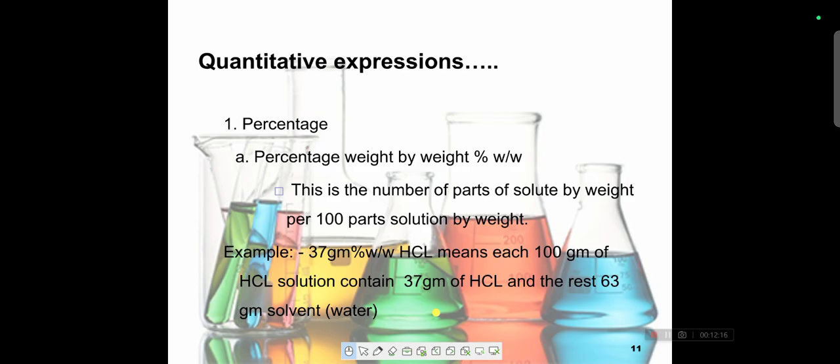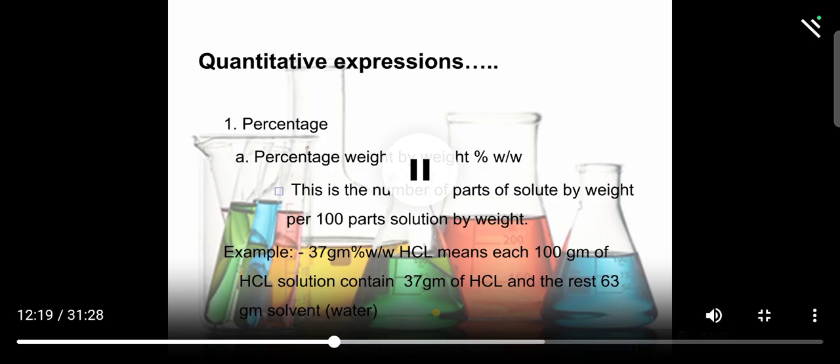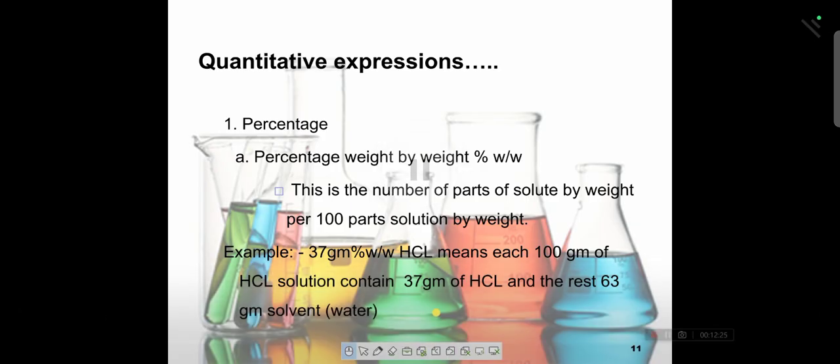First of all, talking about the percentage by weight by weight. This is the number of parts of solute by weight per 100 parts of solution by weight. For example, if you have to prepare a 37 gram percent weight by weight HCl, it means that each 100 gram of hydrochloric acid solution contains 37 gram of hydrogen chloride and the rest, 63 gram, is the solvent.